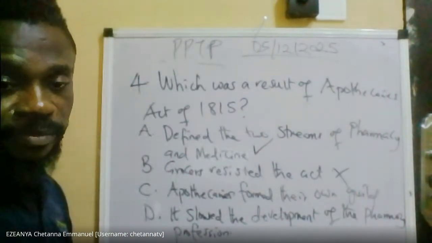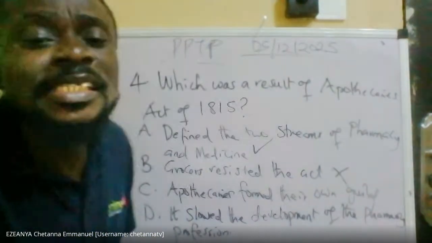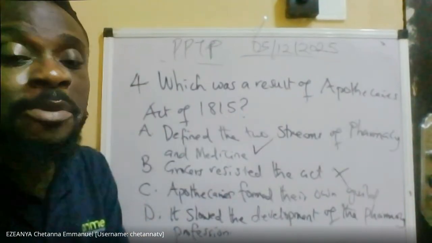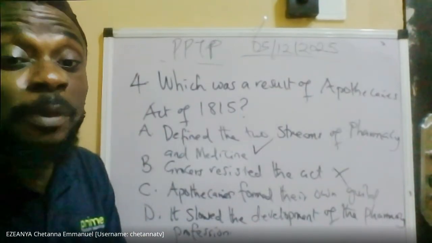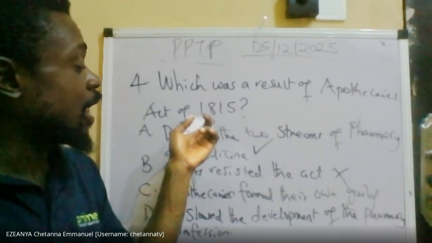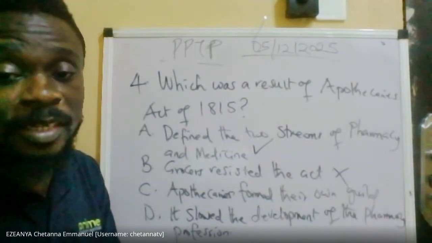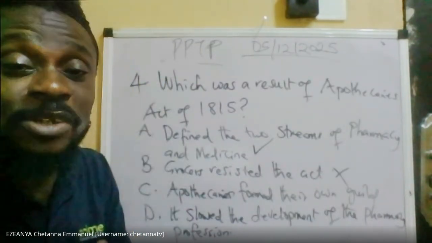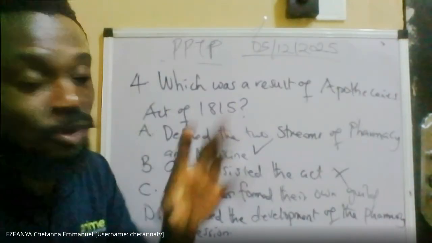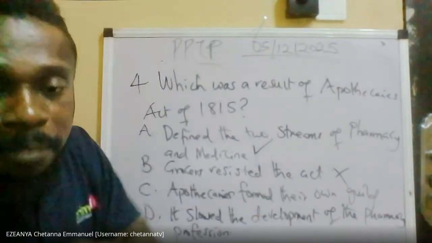Is it clear? In fact, let me throw more light here. This is a way of refreshing our memory. This apothecary act led to the 19th century, 1815. It clarifies the rules and professional boundaries between those prescribing drugs and those preparing medicine.